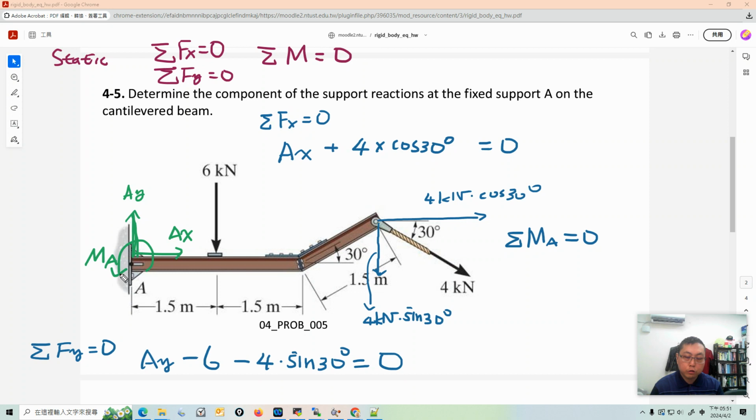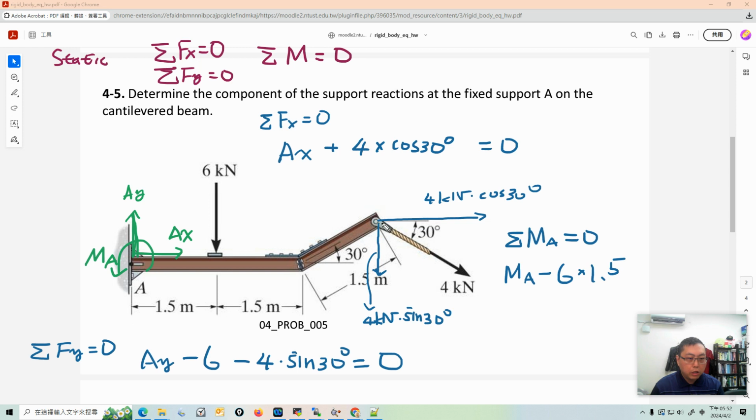The reaction moment from A is counterclockwise. Then we see this 6 kilonewton force pointing down. It creates a moment with respect to A, and with the reference point here it creates a clockwise rotation, so it becomes negative: negative 6, and the lever arm is 1.5.